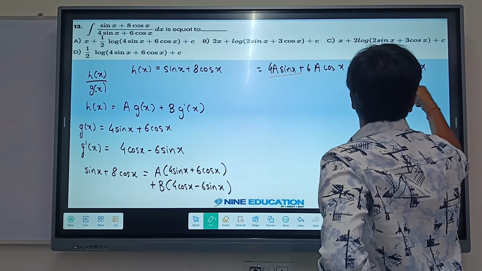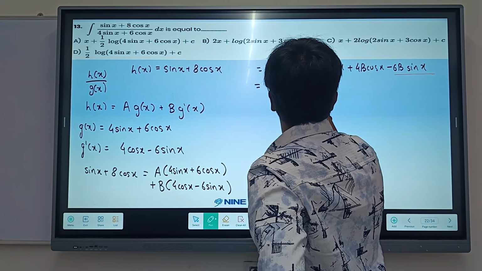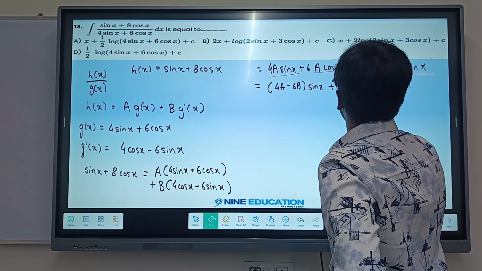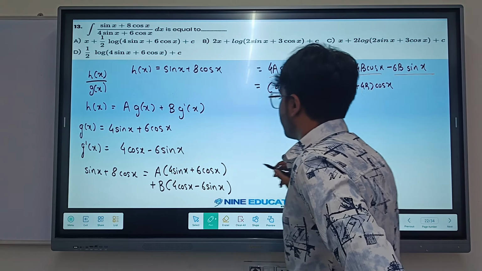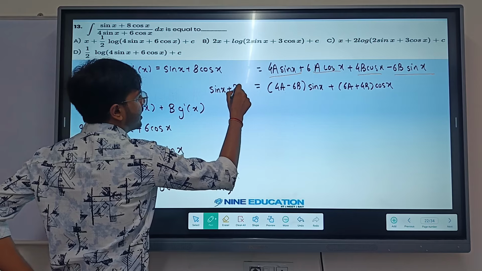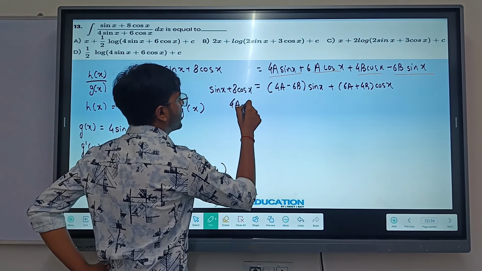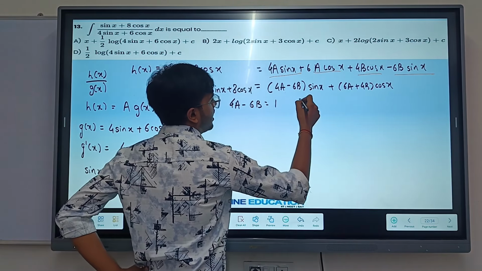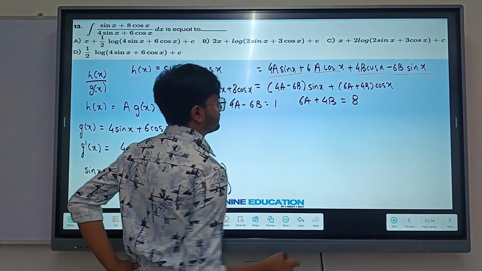Take like terms together, sin x terms: 4a minus 6b sin x, cos x terms: plus 6a plus 4b cos x. And here what do we have? Here we have sin x plus 8 cos x. Now compare the coefficients of sin x and cos x. We get 4a minus 6b as 1, and 6a plus 4b as 8.